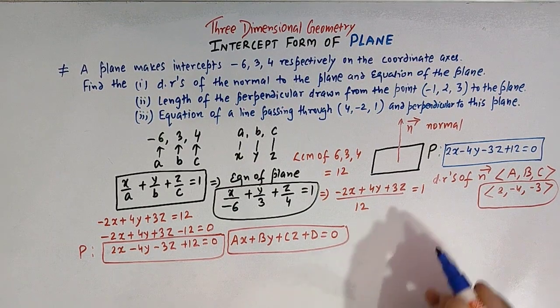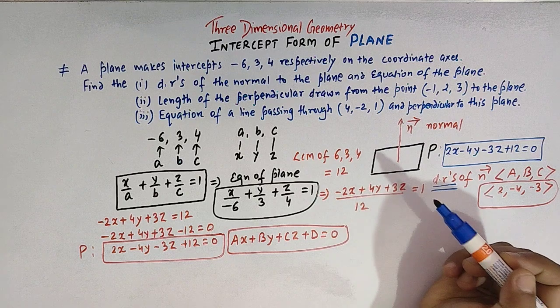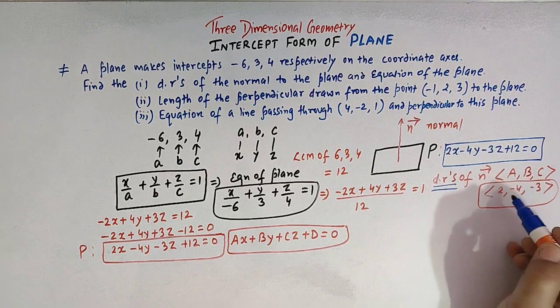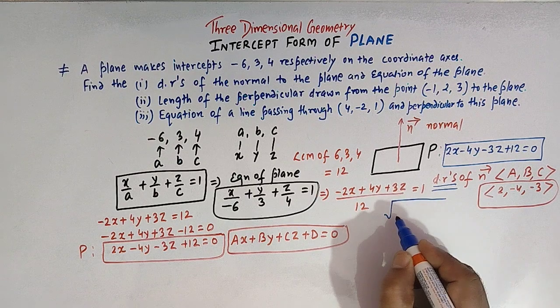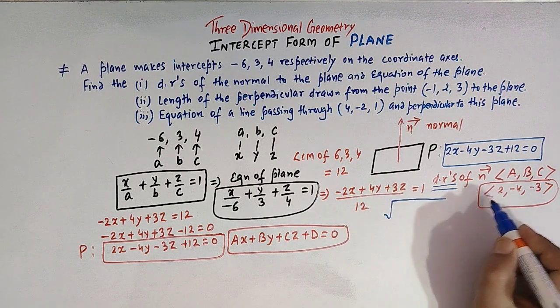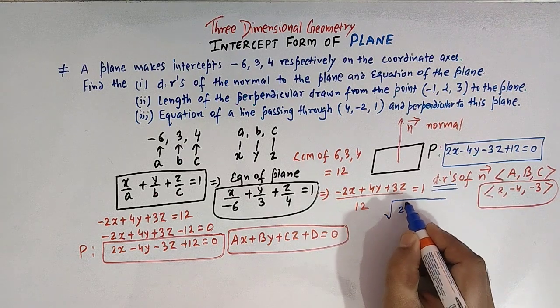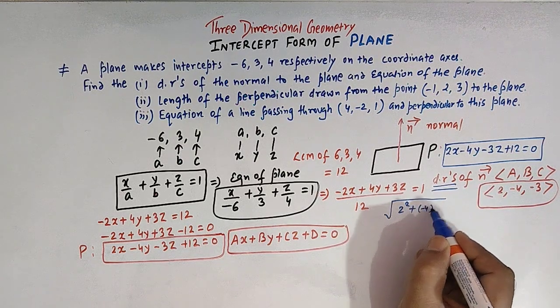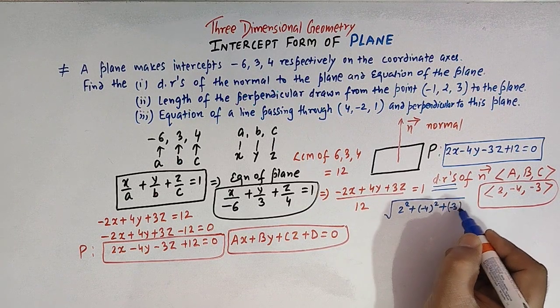Now suppose we have to find the direction cosines of this normal vector. Then we'll first find this quantity, that is the square root of the sum of the squares of direction ratios. That is 2 squared, then (-4) squared, and then (-3) squared.